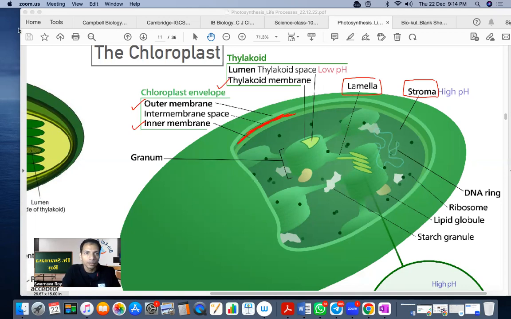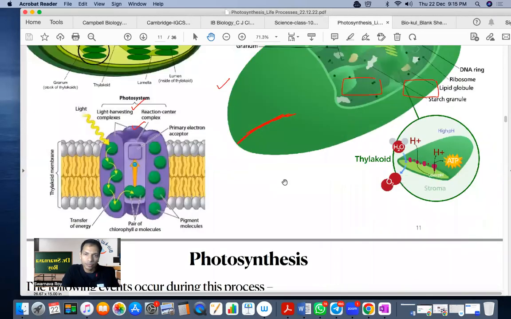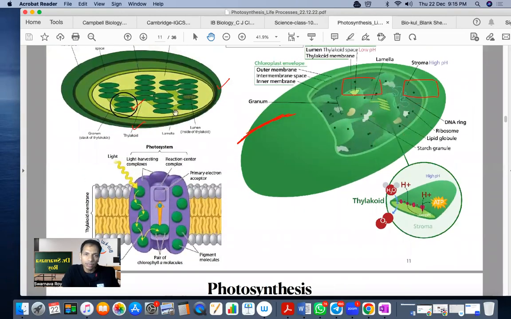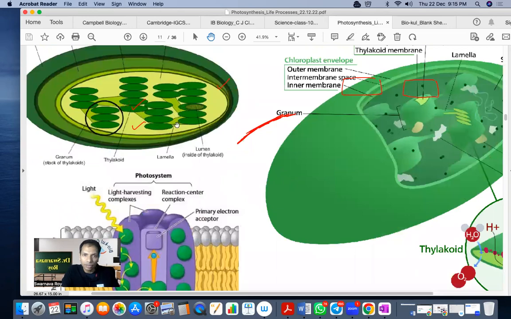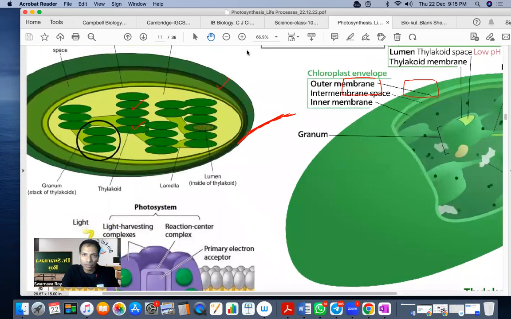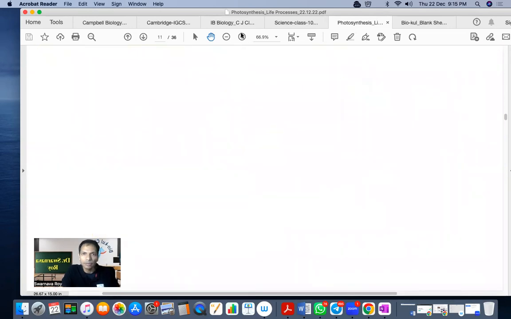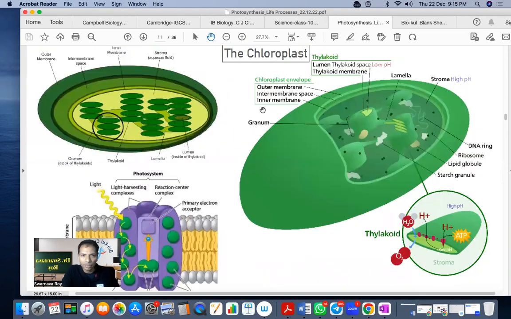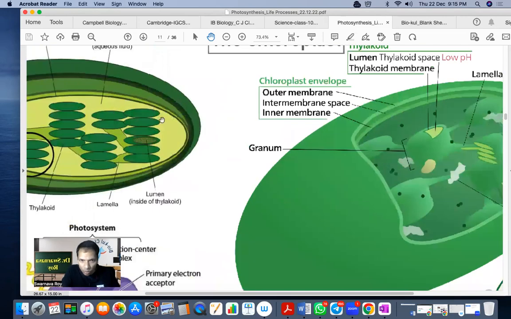Okay. All right. So now we go deep into the thylakoids. Now we are concentrating on each of these thylakoids, and we look at the thylakoid membrane.